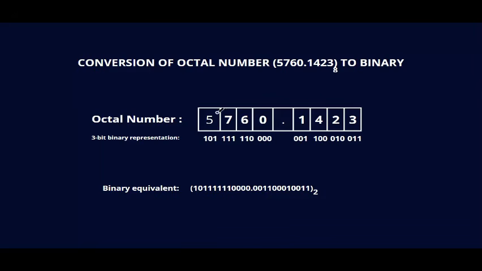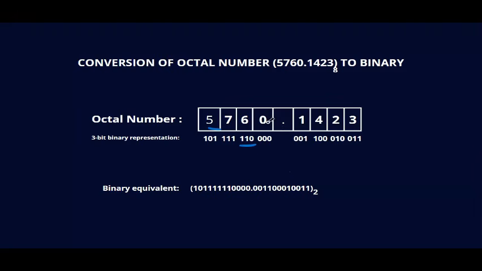Here, each octal digit is represented by its 3-bit binary equivalent. Say, for example, see here, 5 is replaced by its 3-bit binary representation, which is 101, and 7 is replaced by 111. 6, its 3-bit binary representation is 110.